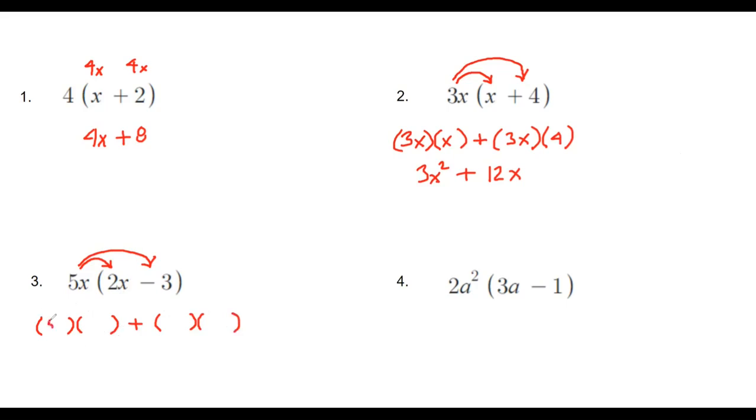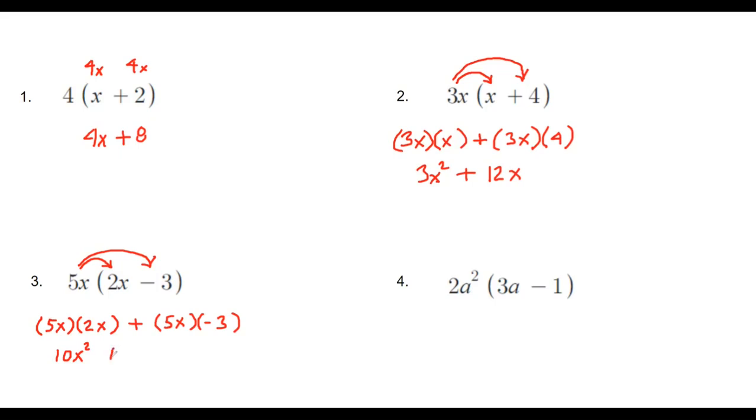So in this first one, first product, it's going to be 5x and 2x. In the second one, 5x and minus 3, negative 3. Okay, so let's do these products. 5x times 2x, 5 times 2 is 10, x times x, x squared, x to the second power.